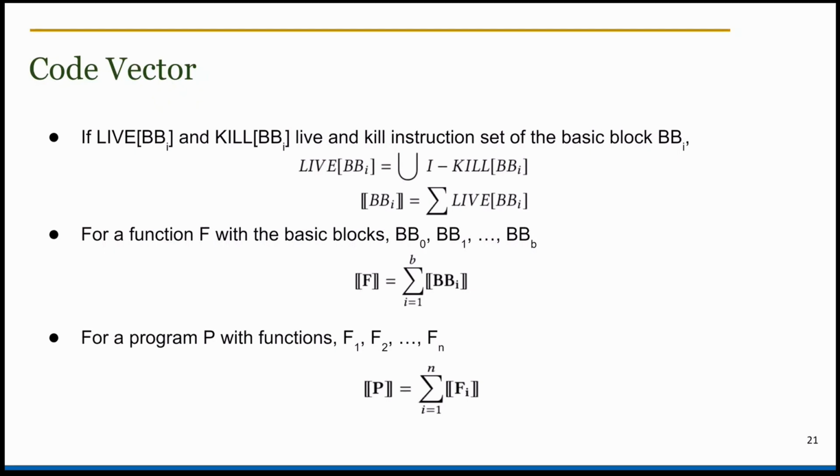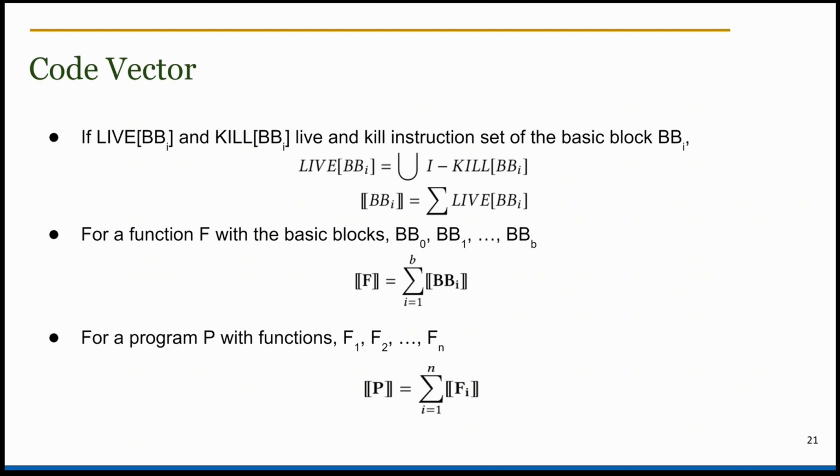From the learned representation of the instructions, we derive the representations for basic blocks. The representation for a basic block is based on the instructions that are live at the out of the basic block. We just did a summation of all the representations that are live to get the representation for the basic block.